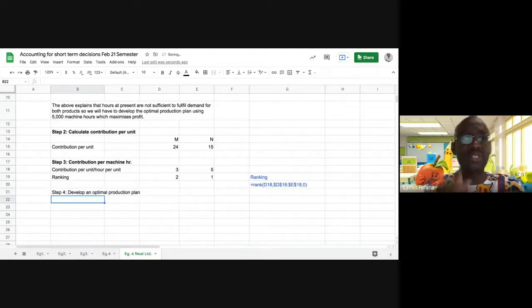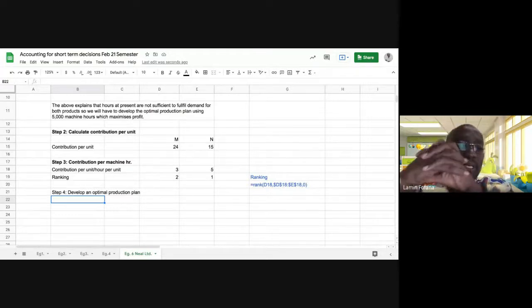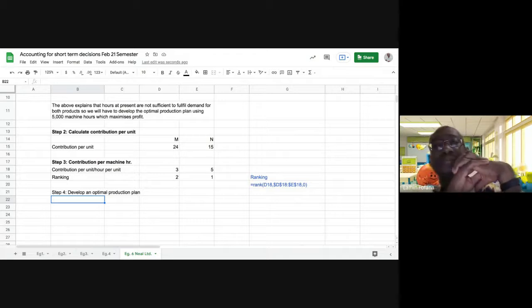This optimal production plan will tell the production manager and his team the number of units they need to produce of each product in order to maximize the company's profitability. The optimal production planning is going to be done based on the contribution per scarce resource.